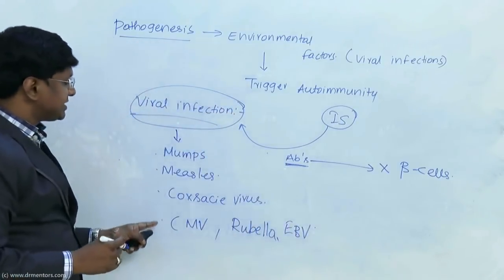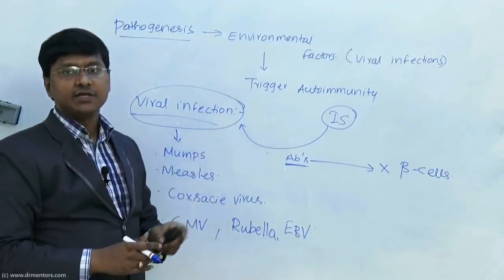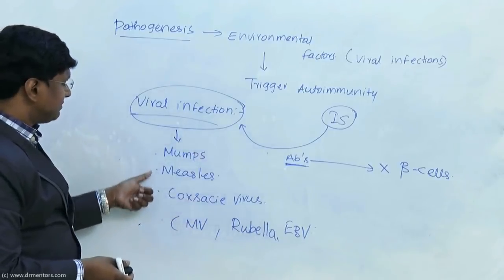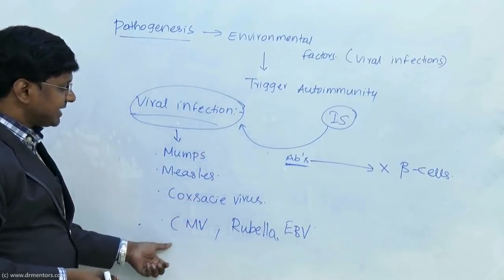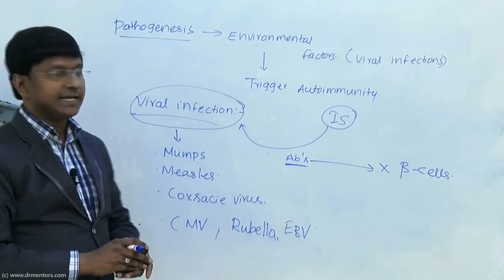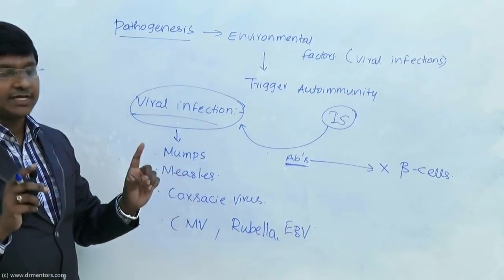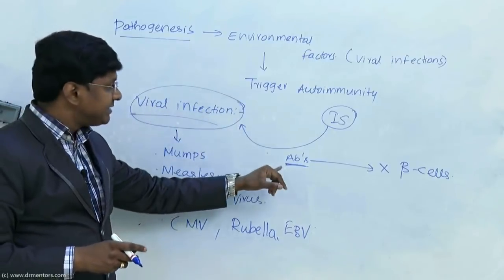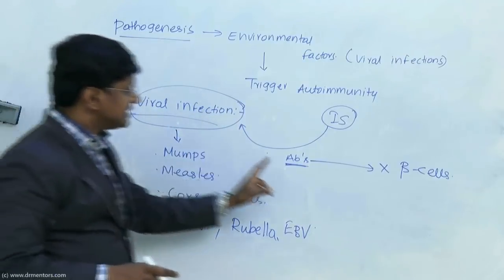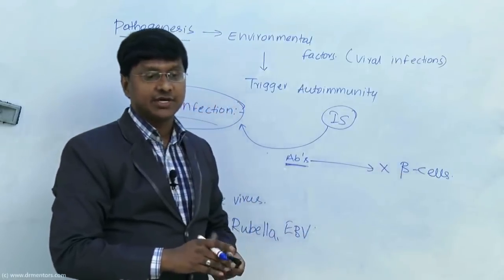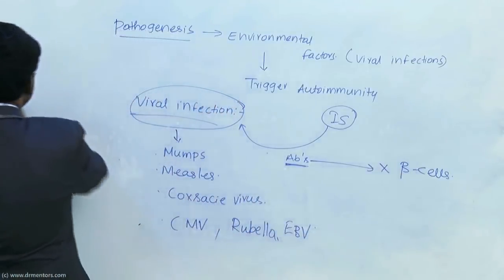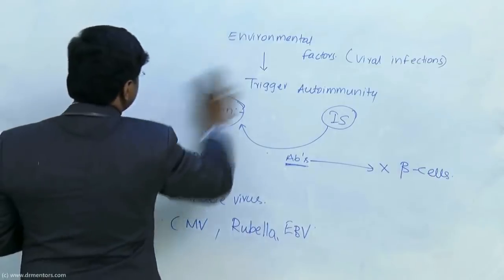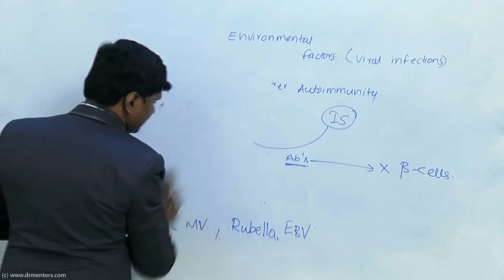So these are the viruses which are associated with triggering the autoimmunity. A very important point that needs to be remembered: the viruses don't attack the beta cells. The antibodies which are formed against the viruses will destroy the beta cells, resulting in type 1 diabetes mellitus and causing absolute insulin deficiency.